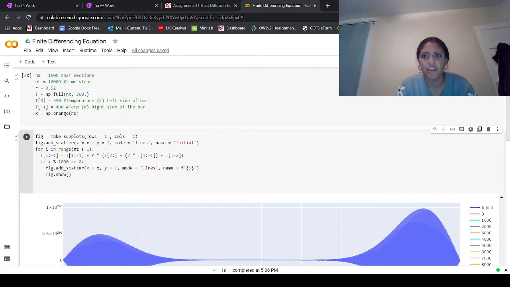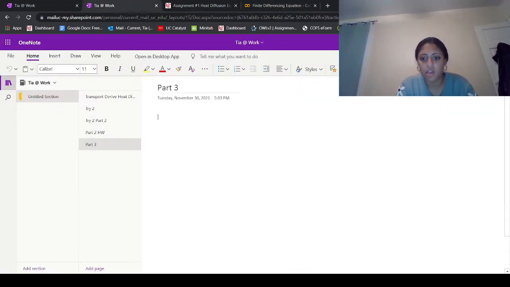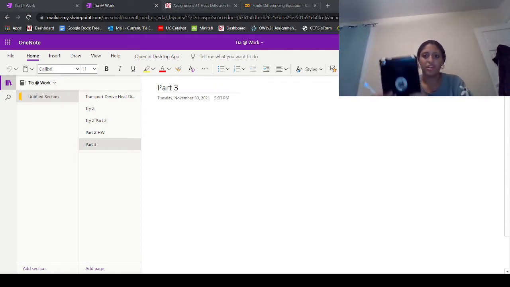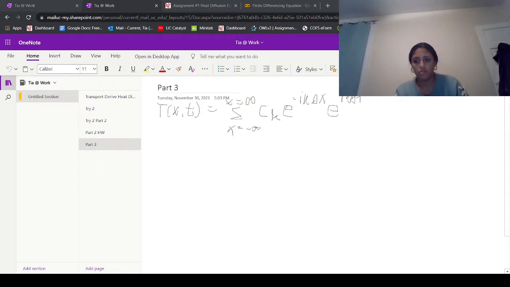Okay, that's fine. So we're going to open up OneNote again and then go back to OBS. So I'm going to be writing on my iPad once again. So what we're going to do is, I wrote out the Fourier series before I started recording, and this is what we're going to use, and we're going to be plugging that into our equation that we got earlier.